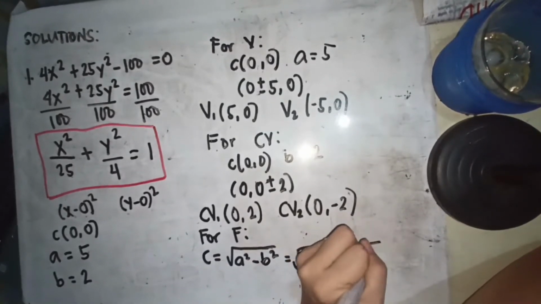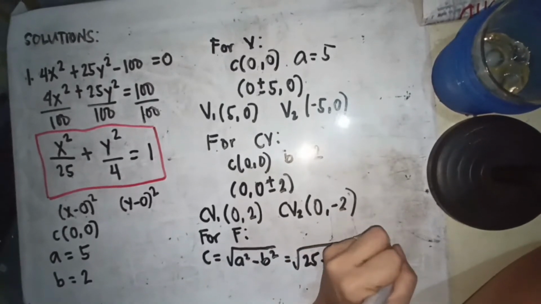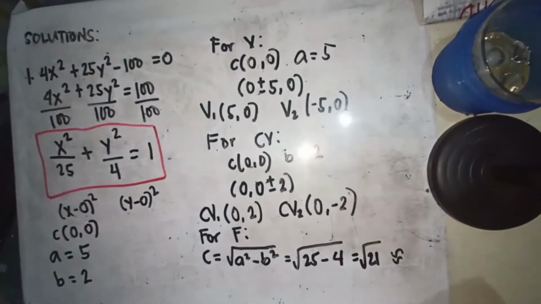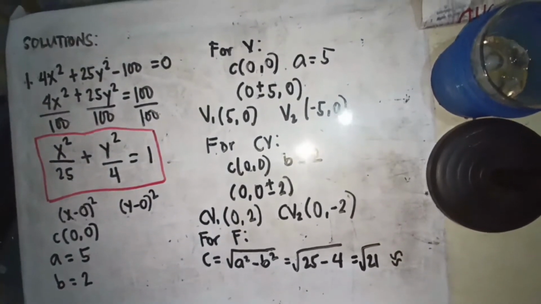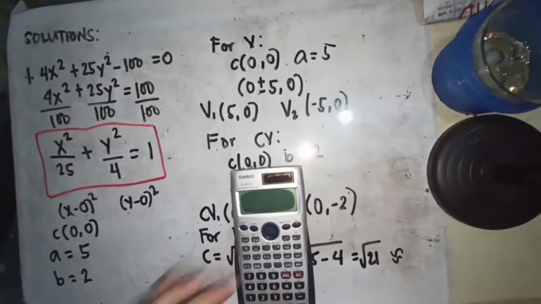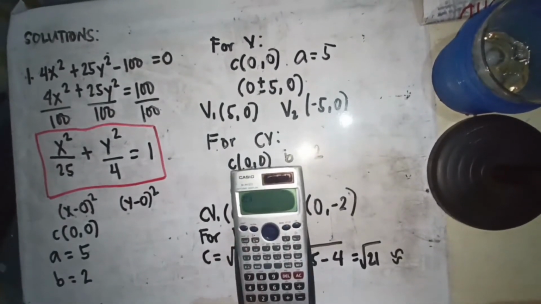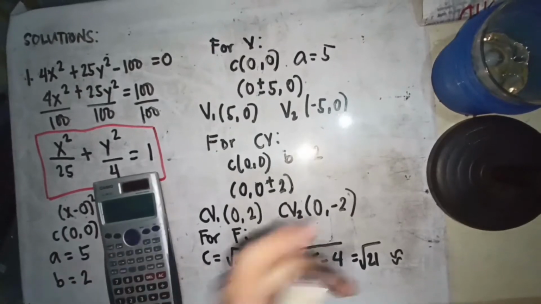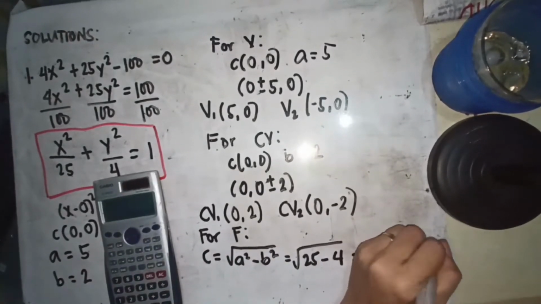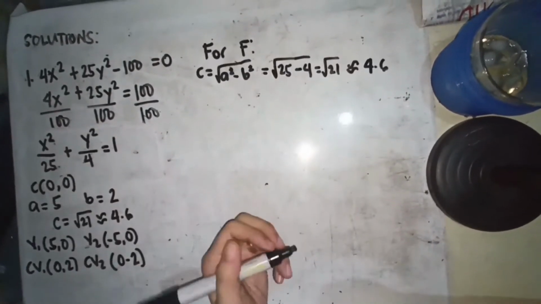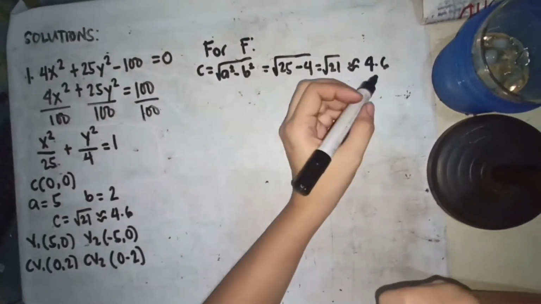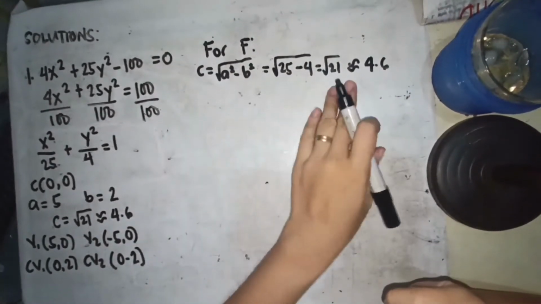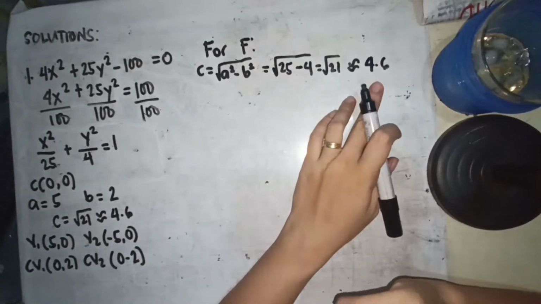We have square root of 21, or approximately 4.6. Okay, so we now have the distance C, which is 4.6 or square root of 21.